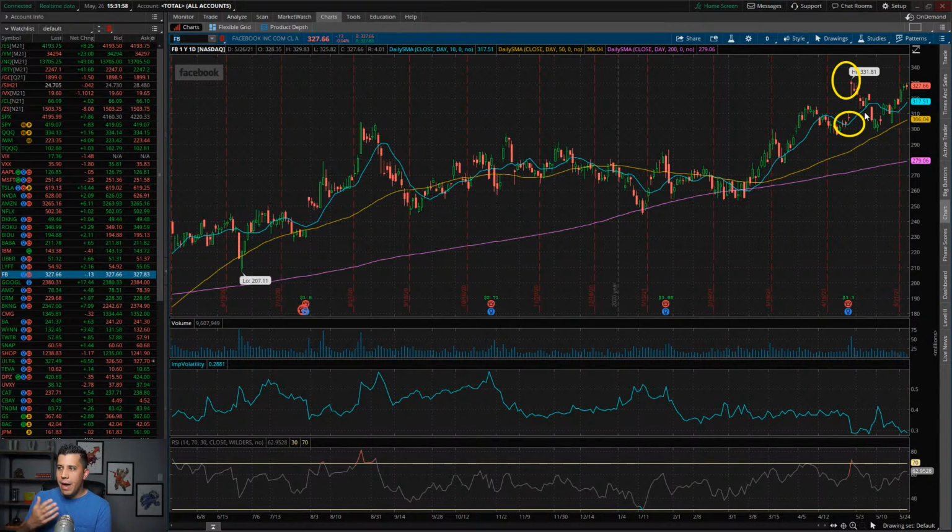I have better probability of being successful if it comes down to the 10-day moving average. And a lot of times, especially in 2020, we would get extended off the 10-day moving average, it would pull back, you'd buy the pullback, and it would bounce off there, and we would keep going, right?